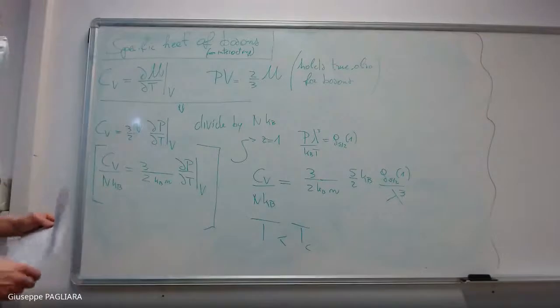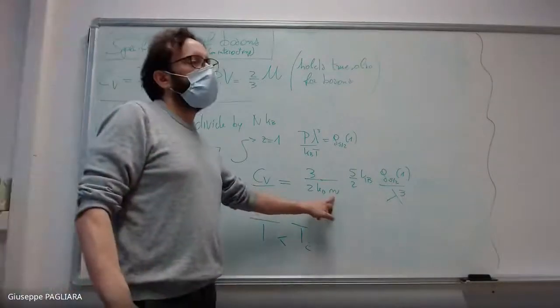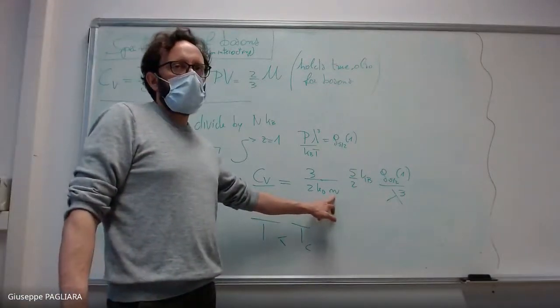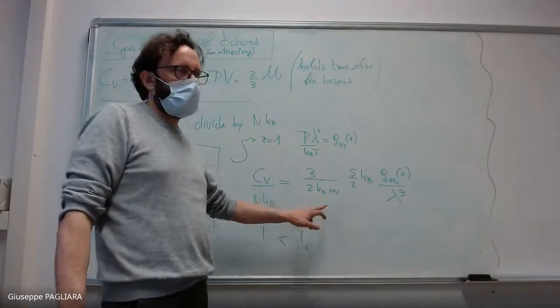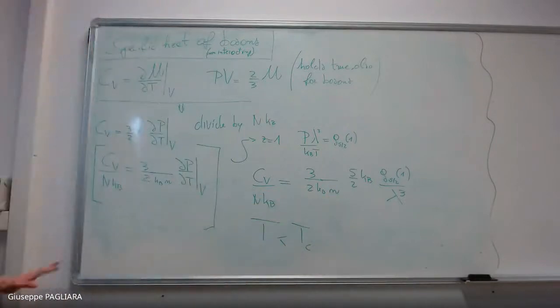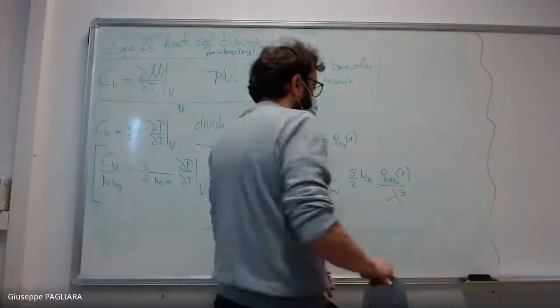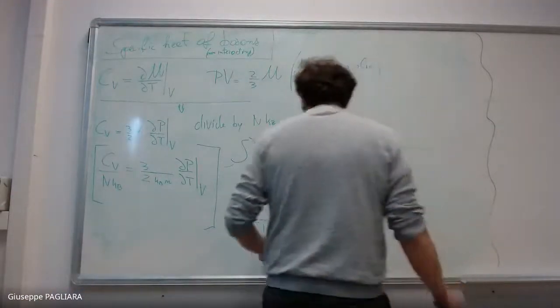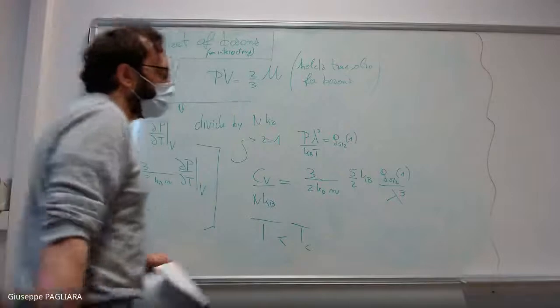The only difference here is that I'm not sitting at N equal to Nc as in the case of the Clapeyron equation. The density can change, and I have a temperature which is smaller than the physical temperature, but the result is the same.